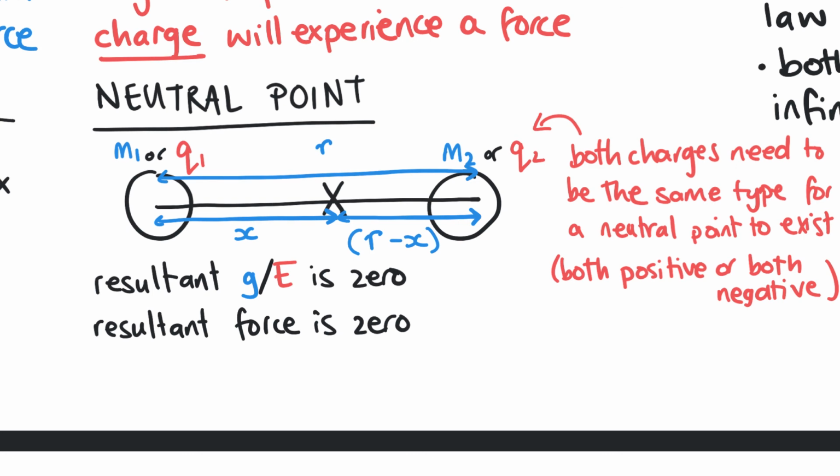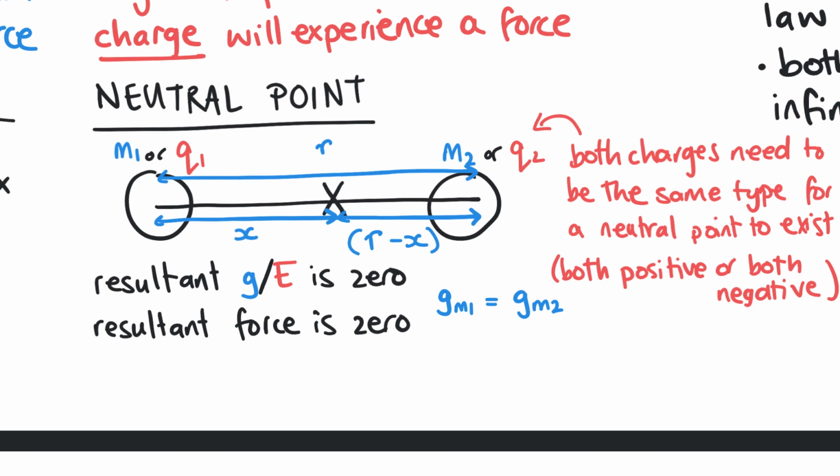So at a neutral point, the resultant gravitational field strength is going to be 0, which means that the gravitational field strength because of M1 is equal to the gravitational field strength because of M2. They're going to be equal in magnitude, but acting in the opposite directions, so that overall the resultant is 0.